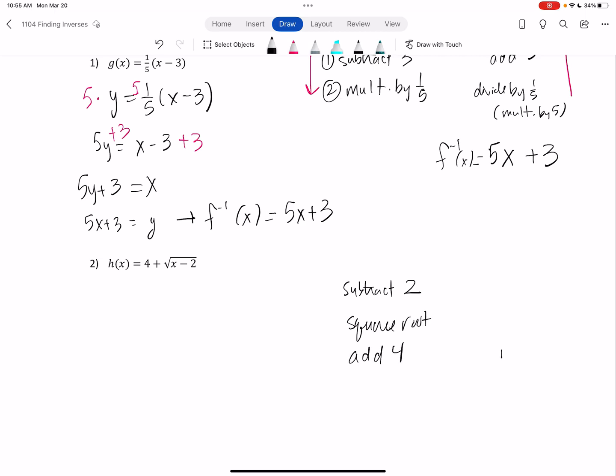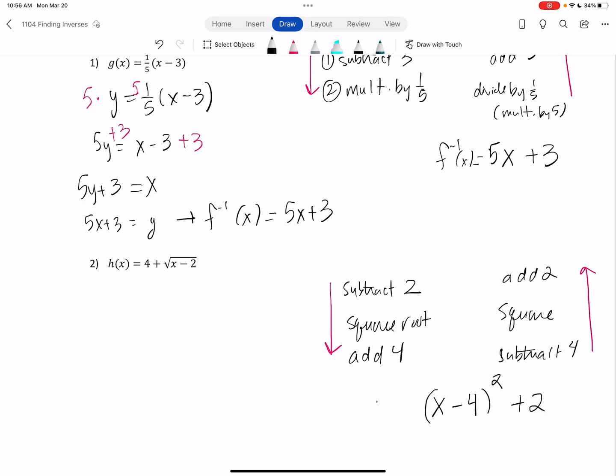Well, the opposite of that is subtracting 4, squaring, and add 2. When I started, I went in this direction. In the inverse, I need to go in that direction. So if I start with my x, I want to subtract 4, I want to square what I have, and I want to add 2. That should be my inverse.